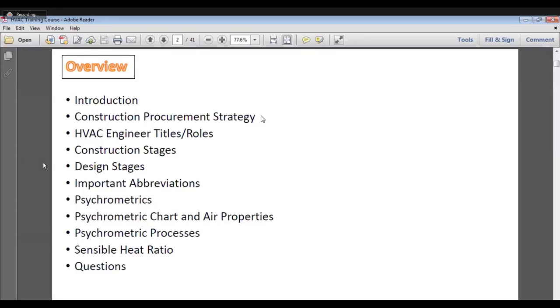We will discuss in a general way the roles of the HVAC engineer in construction, design, and technical office phase. As a conclusion, what the HVAC engineer does and what the HVAC engineer has to know to do his job in a good way.